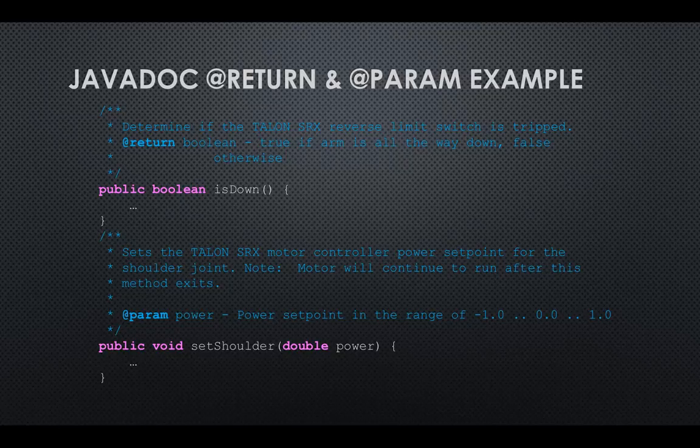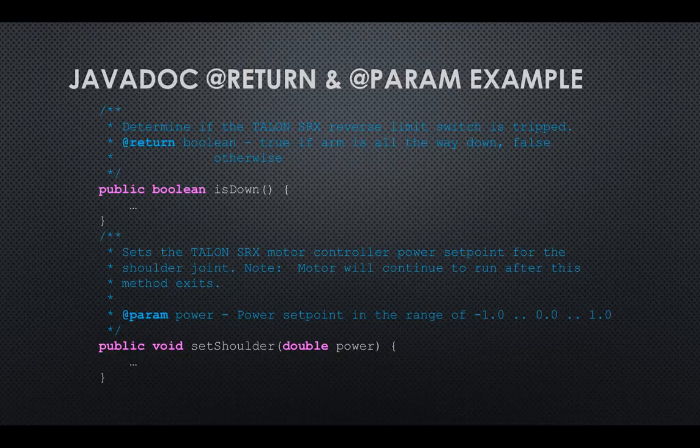We have to do that so the method returns back to the code that's checking for joysticks or buttons or sensors or things like that. For our parameter, power, we put in @param and then the name of the parameter, power. It's a power set point in the range of -1 to 0 to +1.0. So that's important. Always include the range for parameter values.